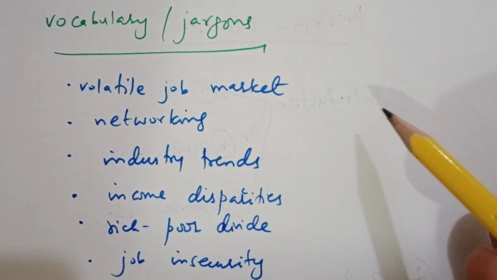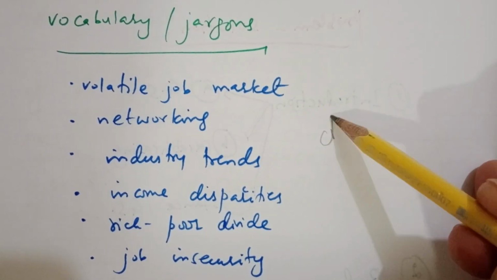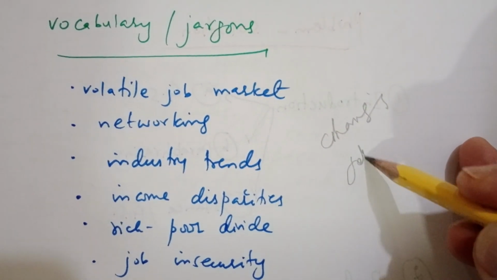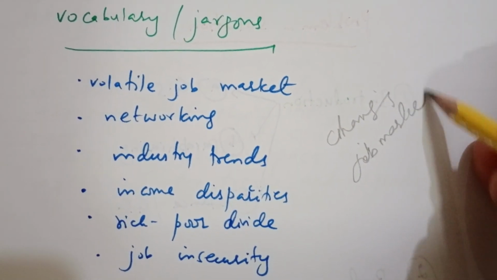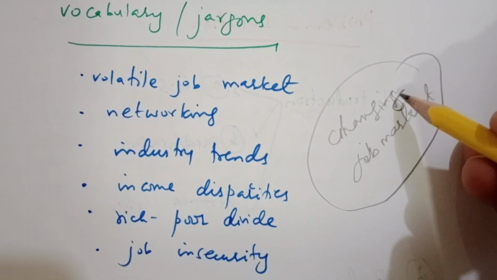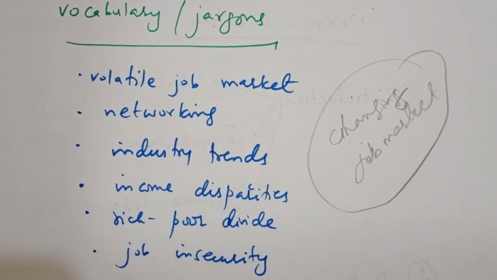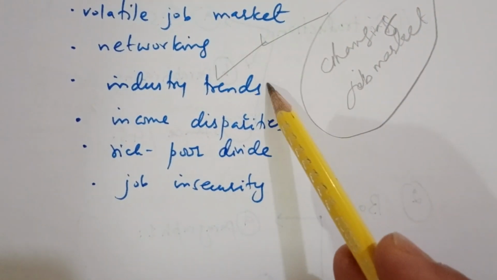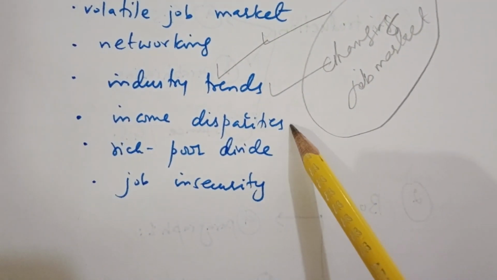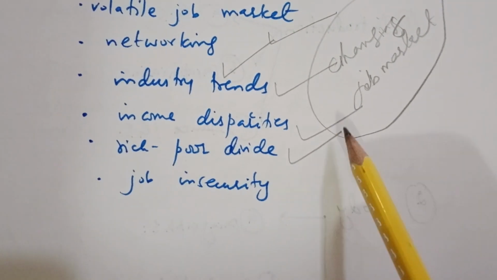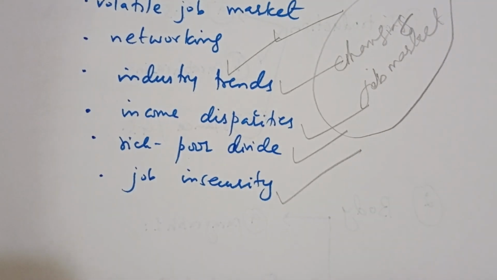As this writing task was about the changing job market, in such a type of IELTS writing task, you might have noticed that I have used jargon or specific vocabulary like volatile job market, networking, industry trends, income disparities, rich poor divide, job insecurity, and many more.